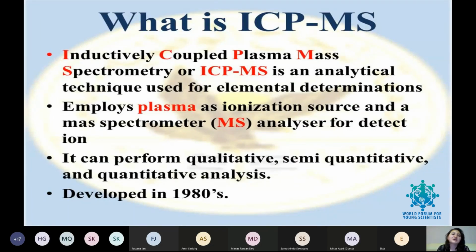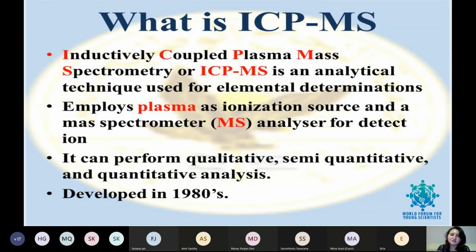ICP-MS, as I told, is inductively coupled plasma mass spectrometry, an analytical technique used for elemental determinations. It employs a plasma as ionization source and a mass spectrometer analyzer for ion detection.